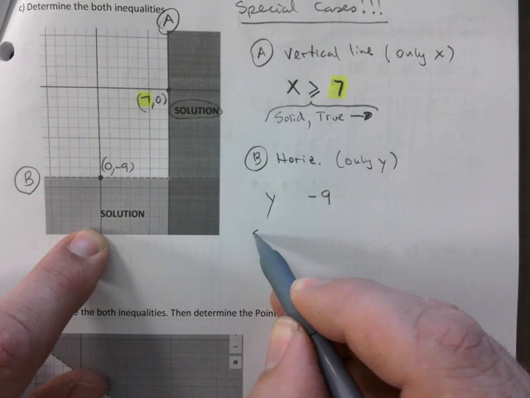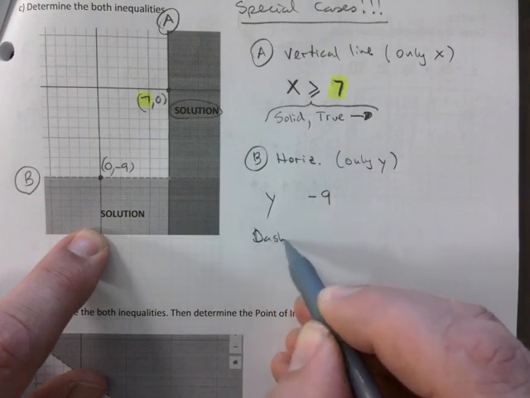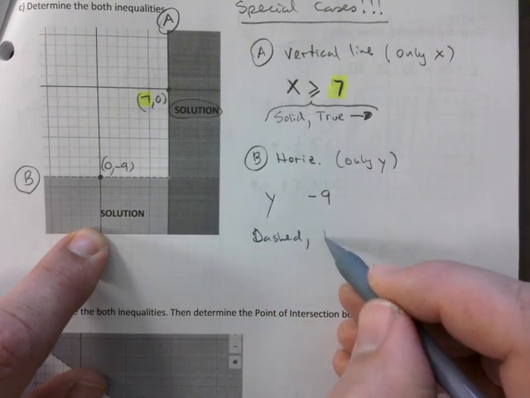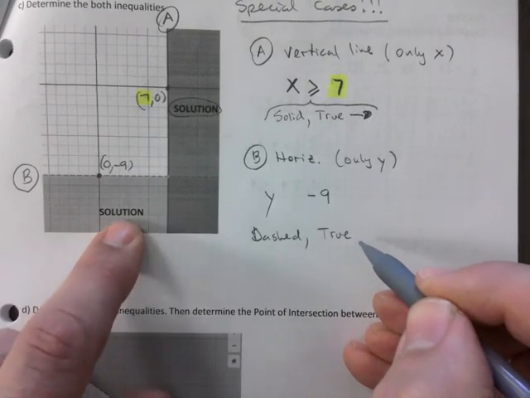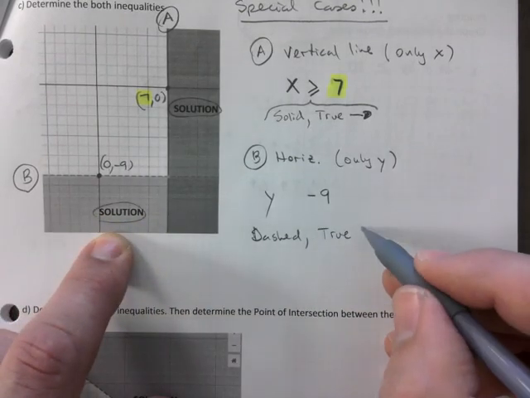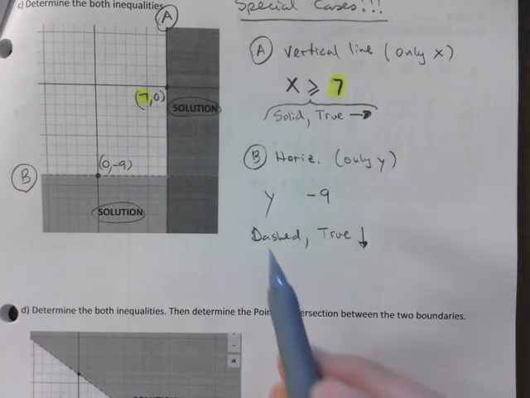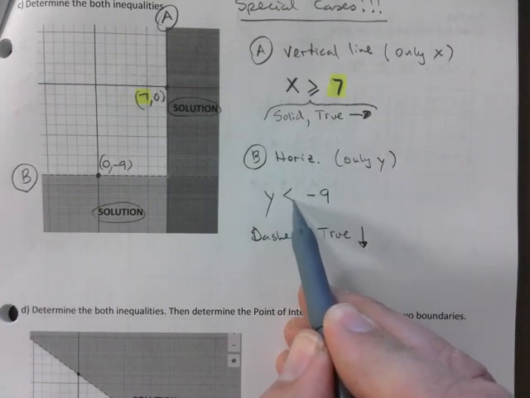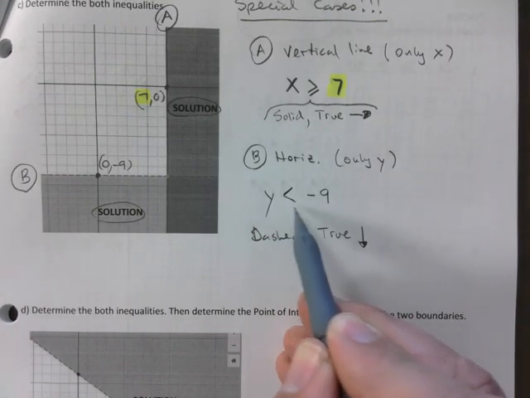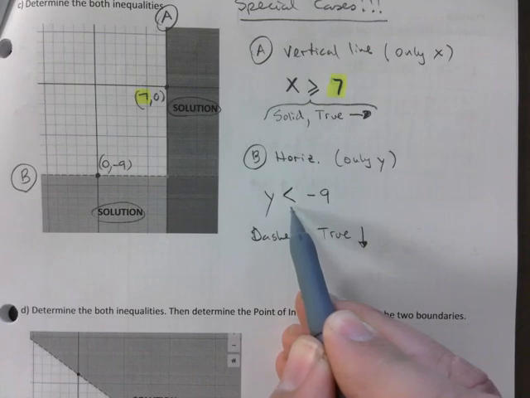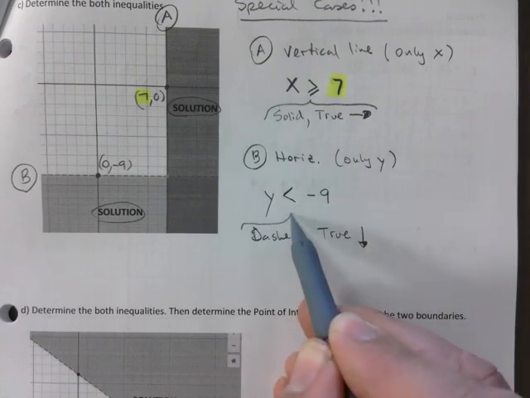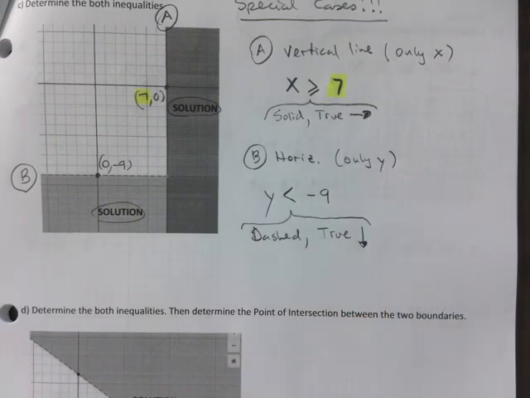And you know this is dashed. And the true region is below, right? Because of this. True region is below the line, below the boundary. So I know that it's going to go like this. And no equal sign because it's dashed, right? So again, all of this just for the inequality.